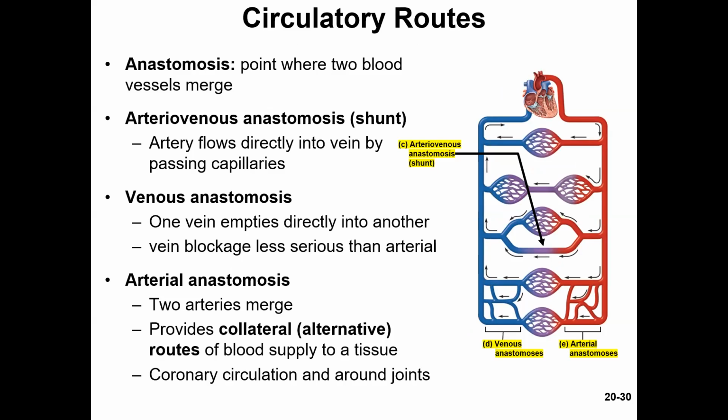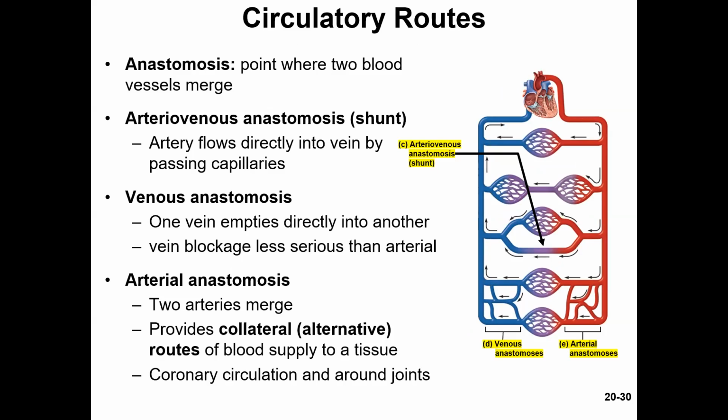An anastomosis is a point where 2 blood vessels merge. Arteriovenous anastomosis, or a shunt, is where the artery flows directly into the vein by bypassing the capillaries. A venous anastomosis, one vein empties directly into another.